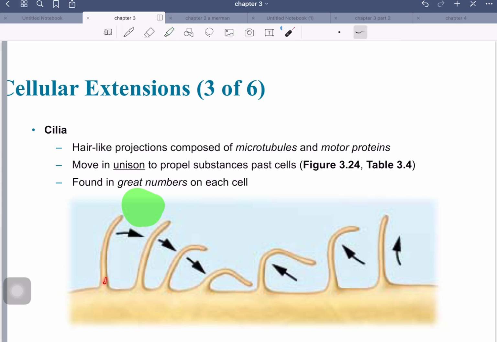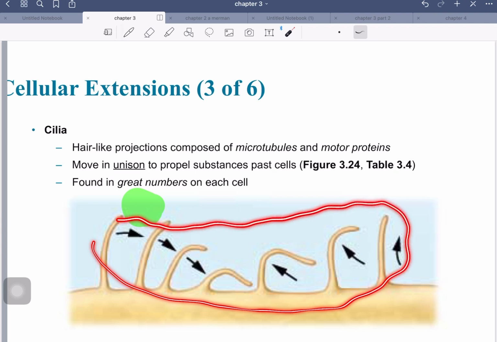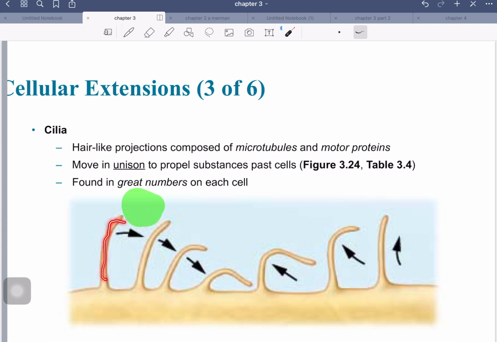The cilia at one point are standing fairly straight up. And then they bend over, and as they bend over, they move the material along. This is trying to show us what's happening with one cilia.